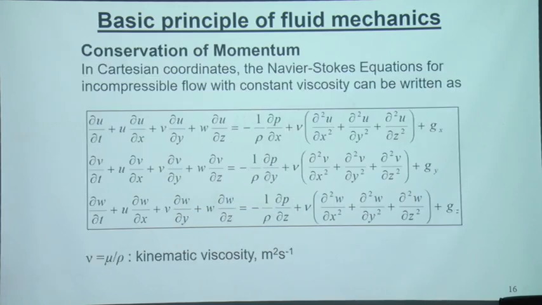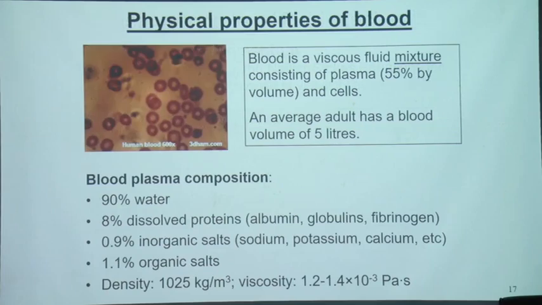In the Cartesian coordinate system with coordinates x, y, and z, if we treat the problem as 3-dimensional, then these represent 3 equations, a momentum balance in each of the x, y, and z directions. Obviously these are partial differential equations, and they need to be solved numerically using numerical techniques, which we will discuss tomorrow.